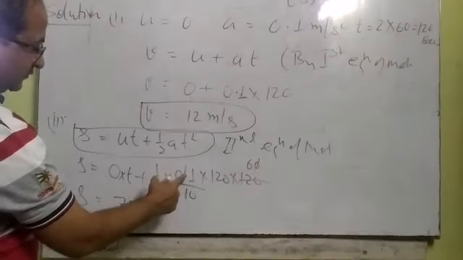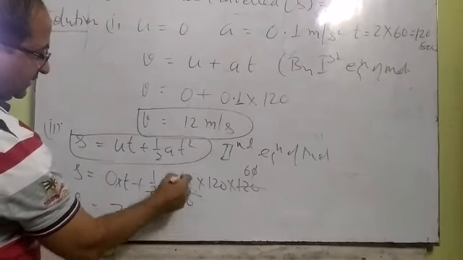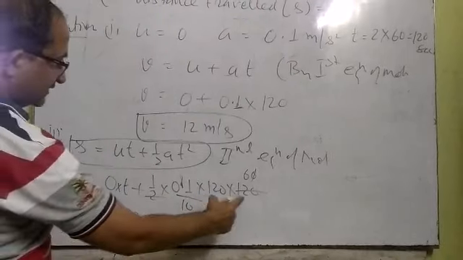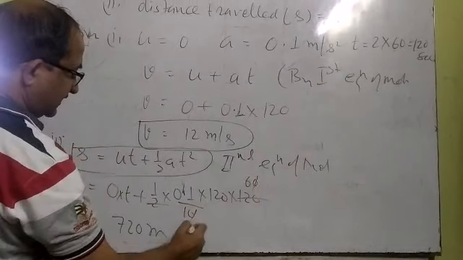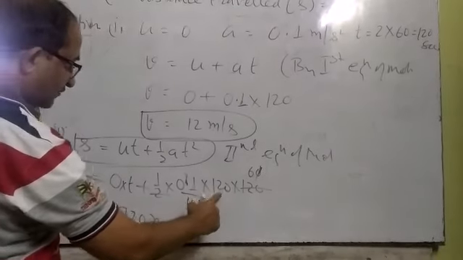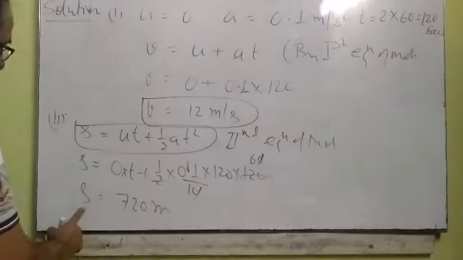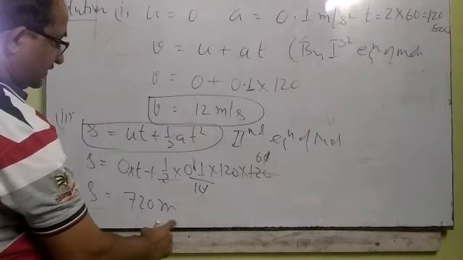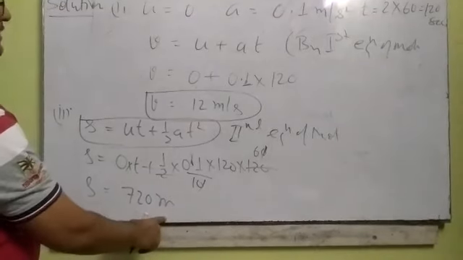For 0.1, I remove the decimal, it becomes 1 by 10, and this 2 is cancelled with 120, it becomes 60. Again this 10 and this 60 are cancelled, so finally 120 into 6, S is equal to 720 meters, which is the distance covered by the body.